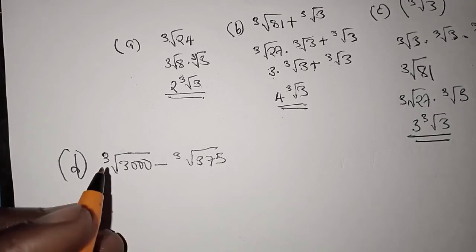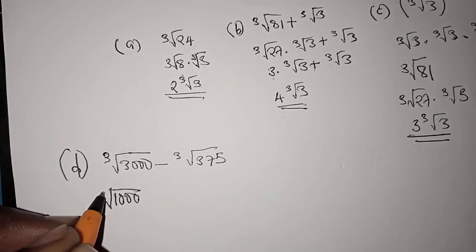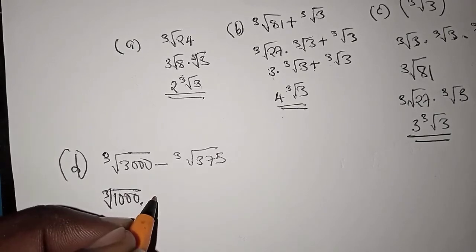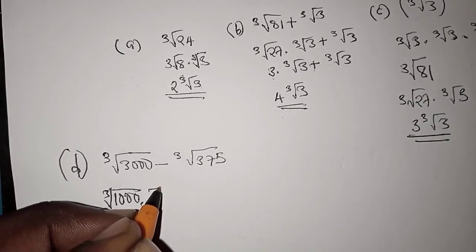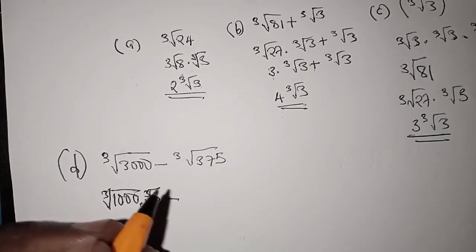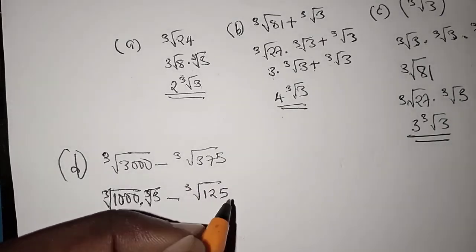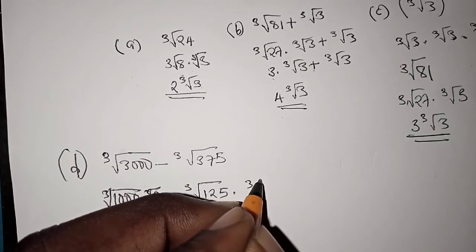So this will be the cube root of 1000 multiplied with the cube root of 3, then we say minus, this one will simply give us the cube root of 125 multiplied by the cube root of 3.